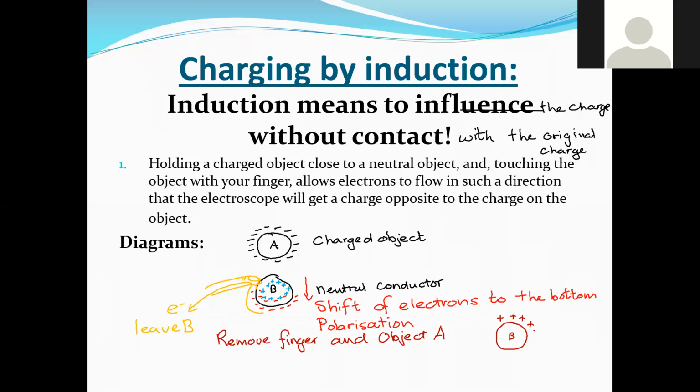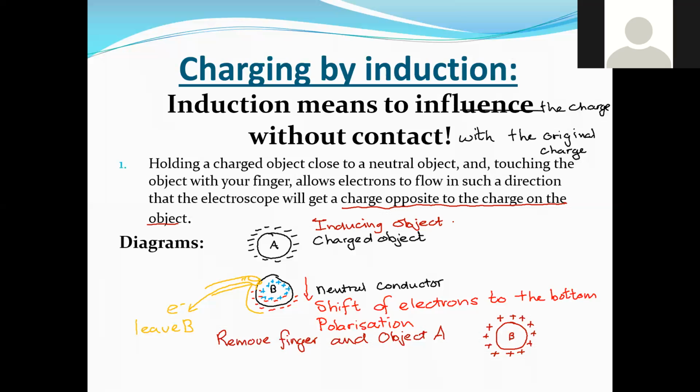That is the final charge on B when you take your finger away, because the electrons left B. So by induction, the charge on the object will be opposite to the charge on the inducing object. The charged object is what we call the inducing object.